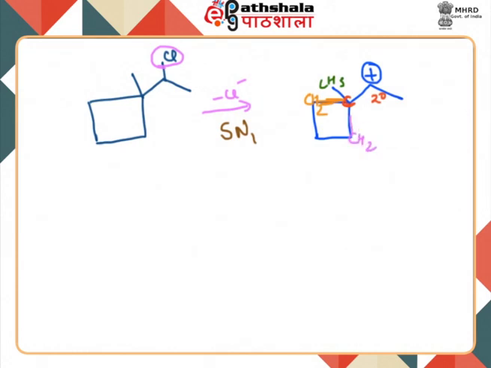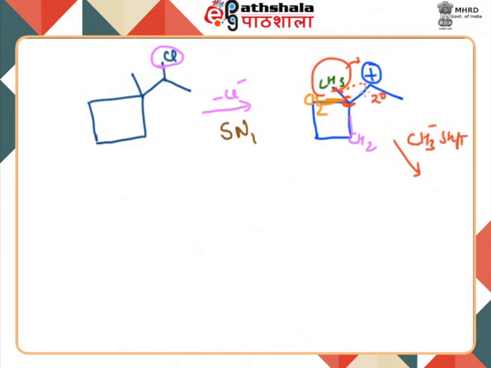So now this carbocation can attract these electrons, whereby a methyl shift can happen. Let us see what will happen when we do the methyl shift.